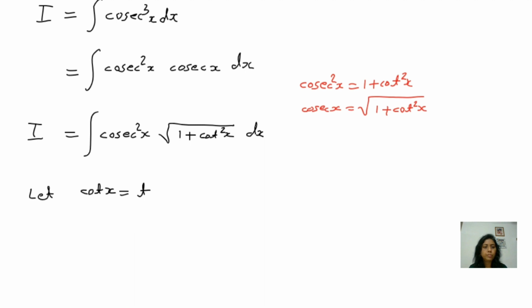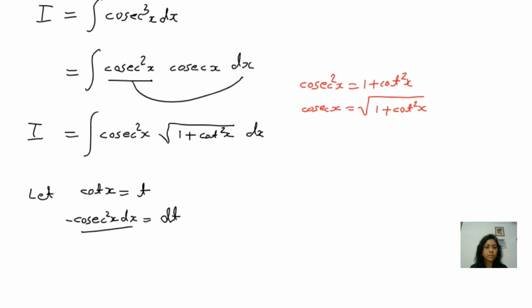So when we differentiate both sides with respect to x and with respect to t, we get minus cosec square x dx, and on the other side dt. That's why we didn't put cosec square x here, because when we differentiate we get cosec square x dx.